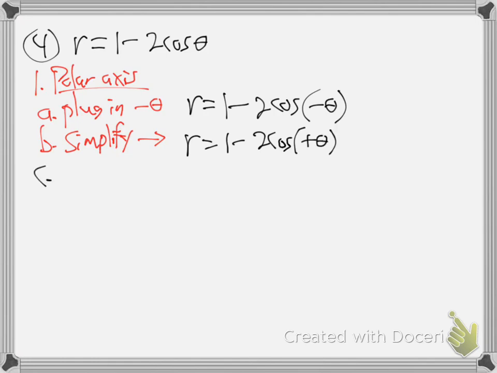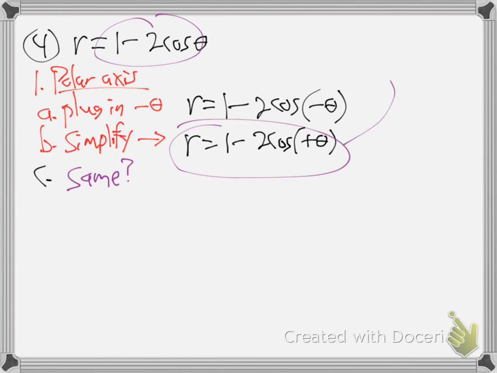Step C, compare. Is it the same? That's the comparison question. How does the simplified one compare to the original? Are they the same or not? Yeah, for sure. They're the same. So this one's a yes.